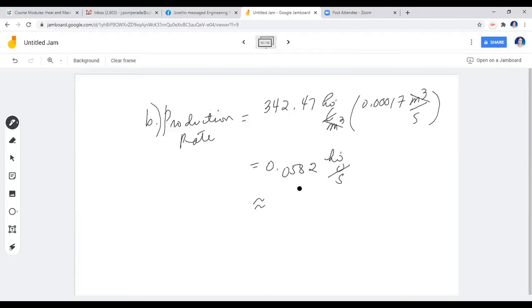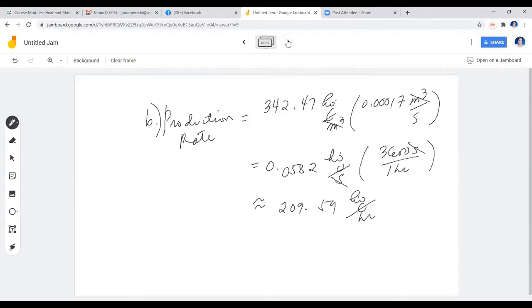But if we change this to hours, we multiply this by 3,600, then it would not be as small. So per hour, our production rate is 209.59 kilos per hour. So not bad. 209.59 kilograms per hour of crystals.